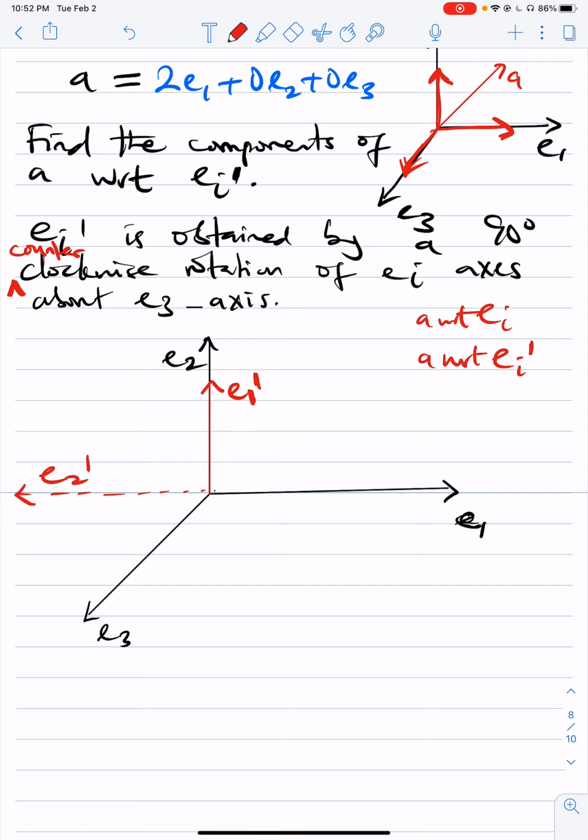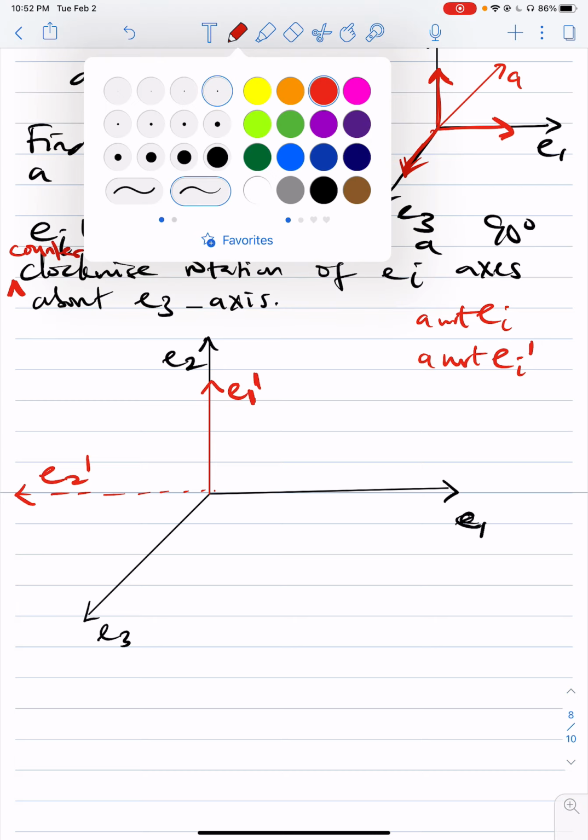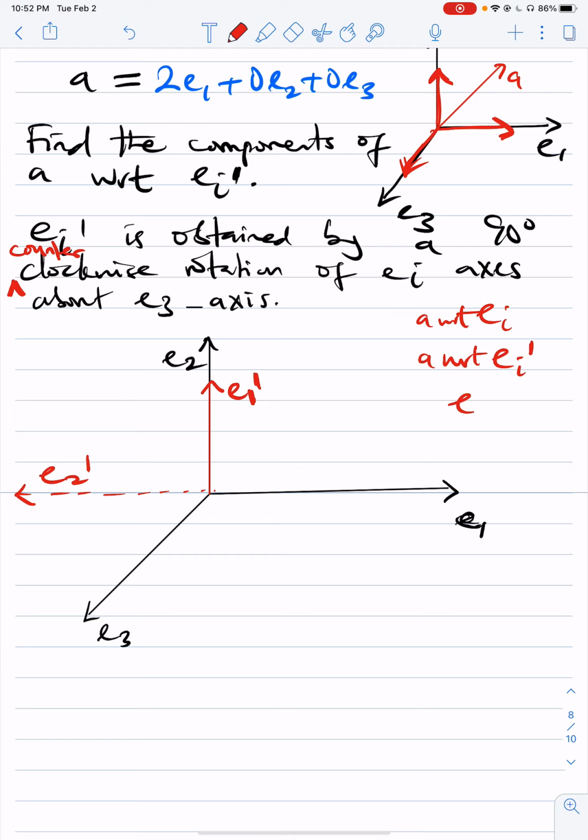And if you rotate about an axis, that point does not change, right? So E3 will still be E3 prime. This is quite explicit, so quite easy to understand.